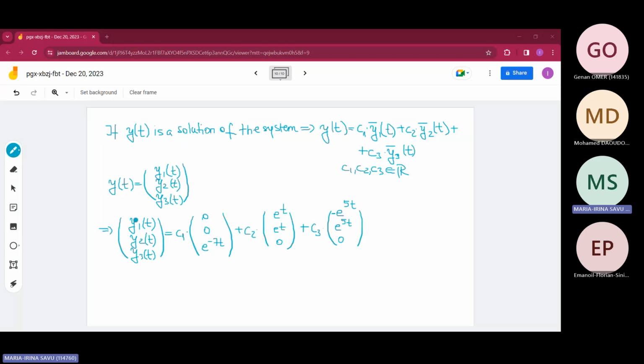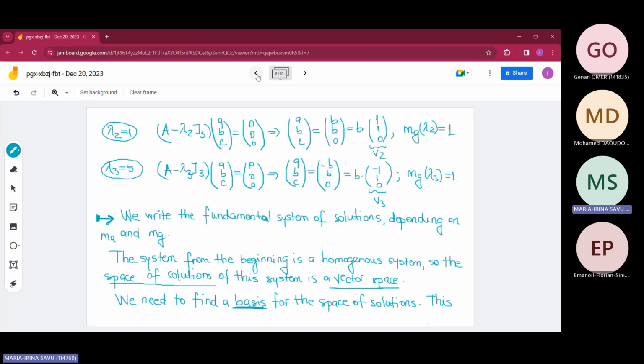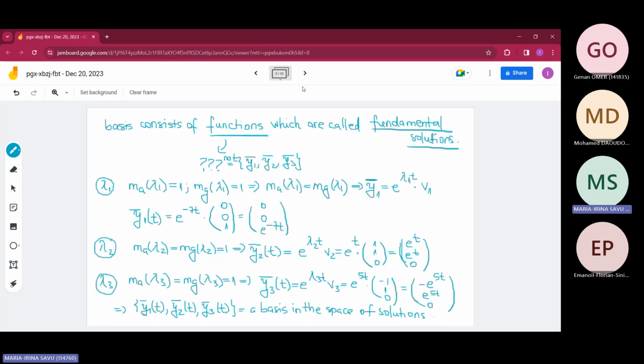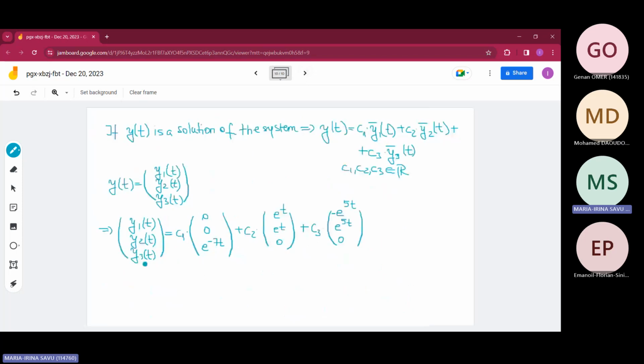So this is a solution because a solution is the vector which contains these three unknowns of the system. So a solution is a vector consisting of these functions. This is y of t, and this is y prime of t. The solution y of t consists of y1, y2, y3, which are functions. And the solution is a linear combination of the elements of the basis.